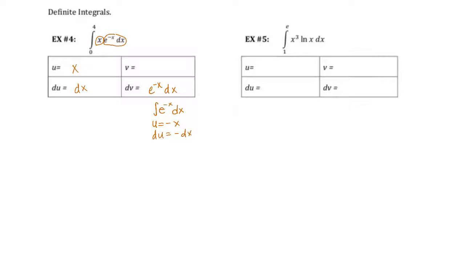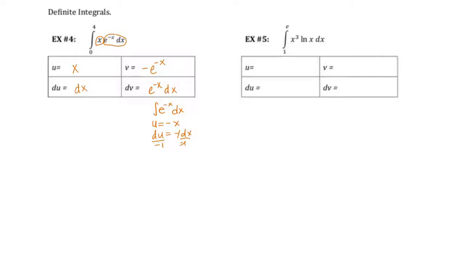So notice that we need to divide by that negative 1 to solve for dx. And so we can go ahead and put in that we have our negative there. And if we integrate e to the u, we get e to the u. So I'm going to have a negative here, and then e to the negative x.